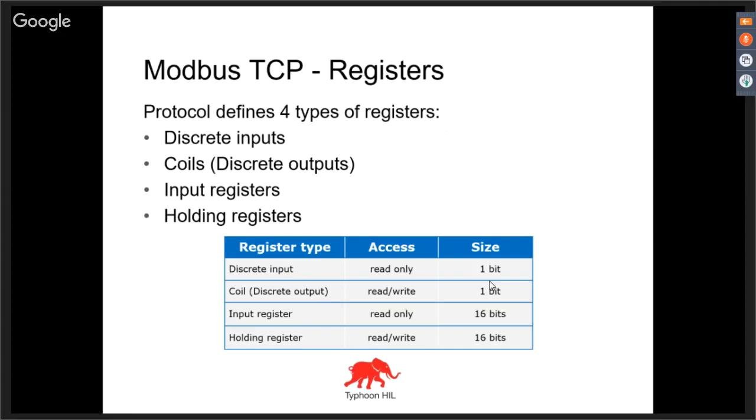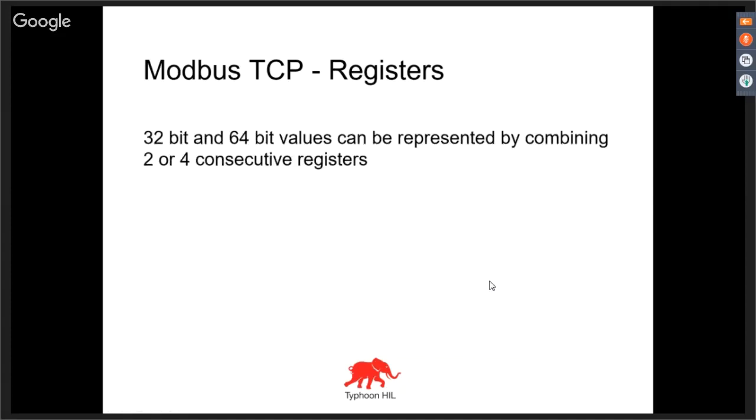Again, we see that only 16-bit registers are represented in Modbus TCP. But there is a mechanism to represent 32-bit and 64-bit values by combining 2 or 4 registers.